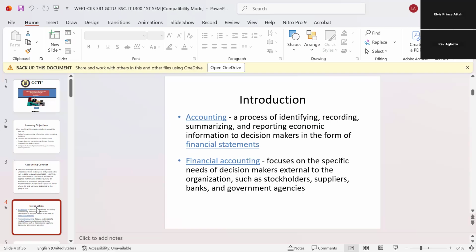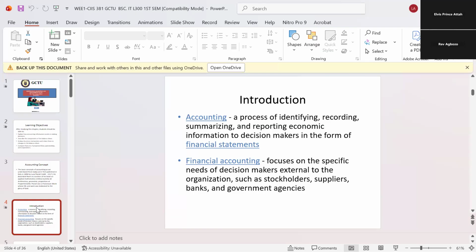When you take a business, internal users are the people within the business, for instance, the employees, the owners of the business, shareholders, and others. The external users will be government agencies and then other potential investors. Each of them has a particular need in the information that they get.